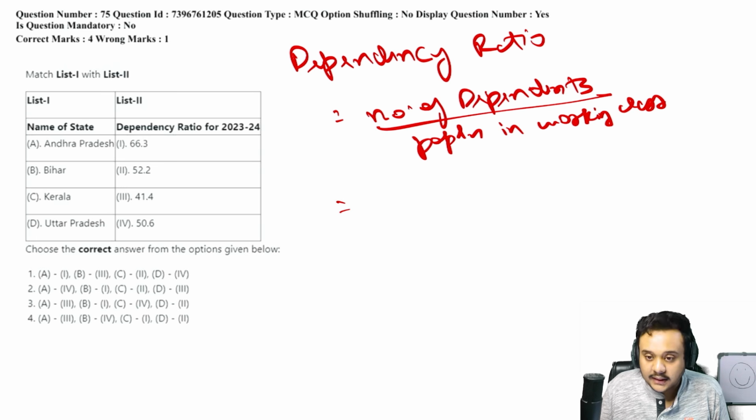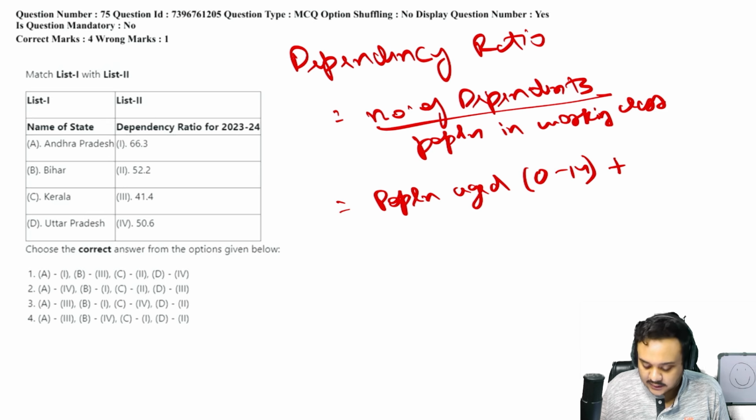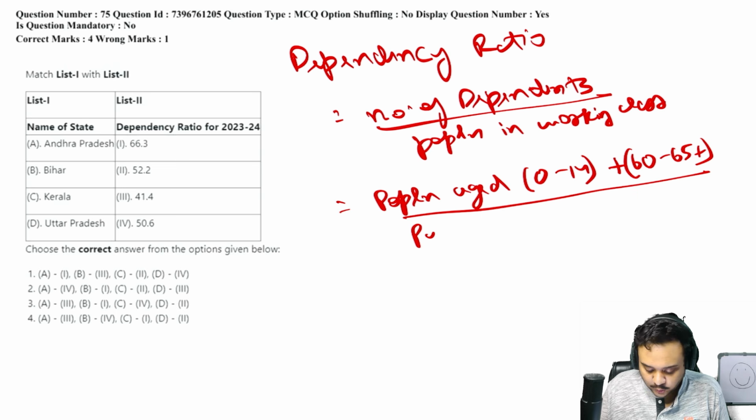Okay, this can be written as population aged from 0 to 14 plus 60 to 65 plus, divided by the population aged between 15 to 59 or 64.